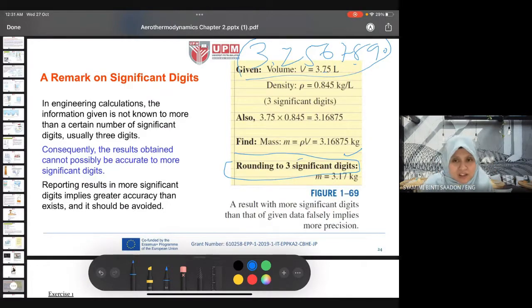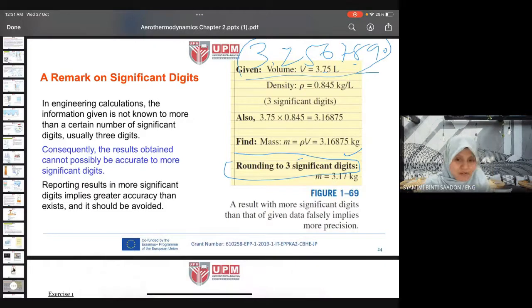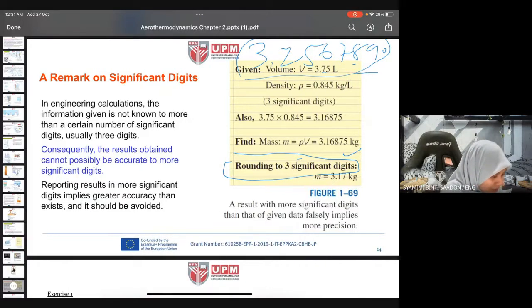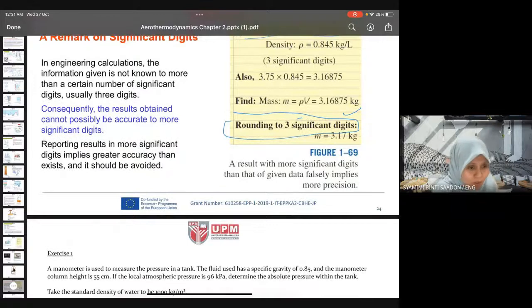As an engineer, we cannot just leave our results like this, 3.25678 9 10. Too long. Only 3 to 4 significant digits. That is how you report your results.